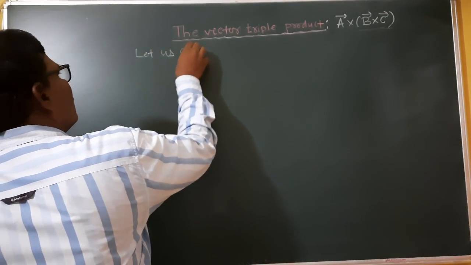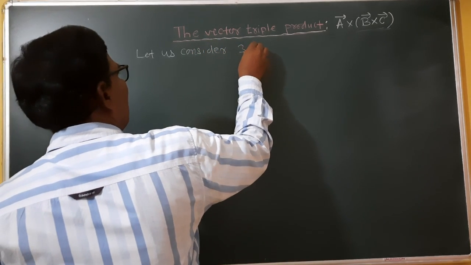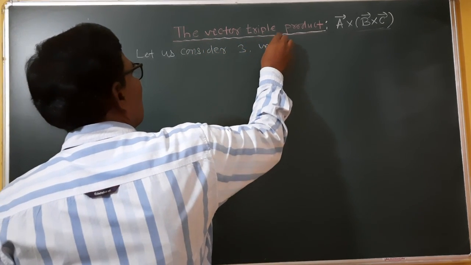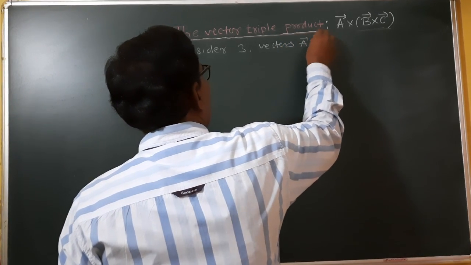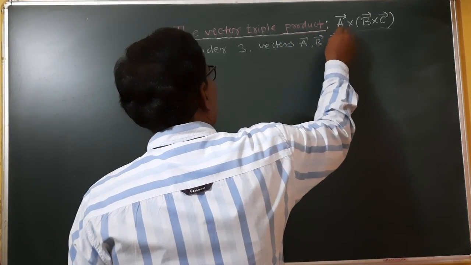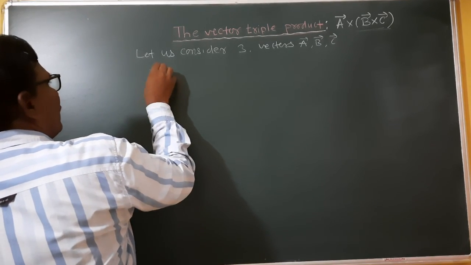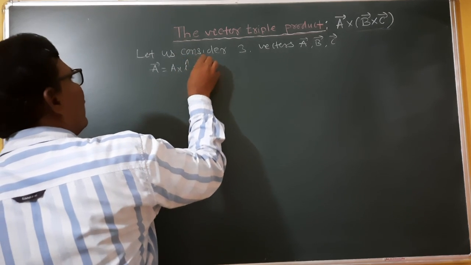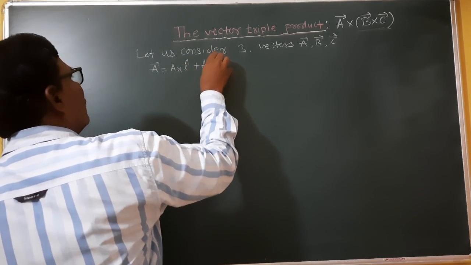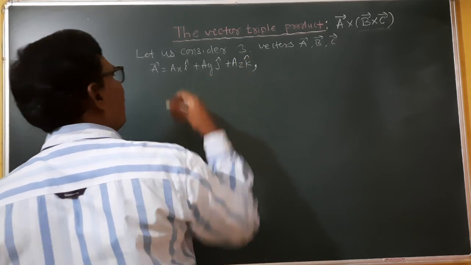Let us consider three vectors A bar, B bar, C bar. So A bar is equal to Ax into I cap plus Ay into J cap plus Az into K cap.